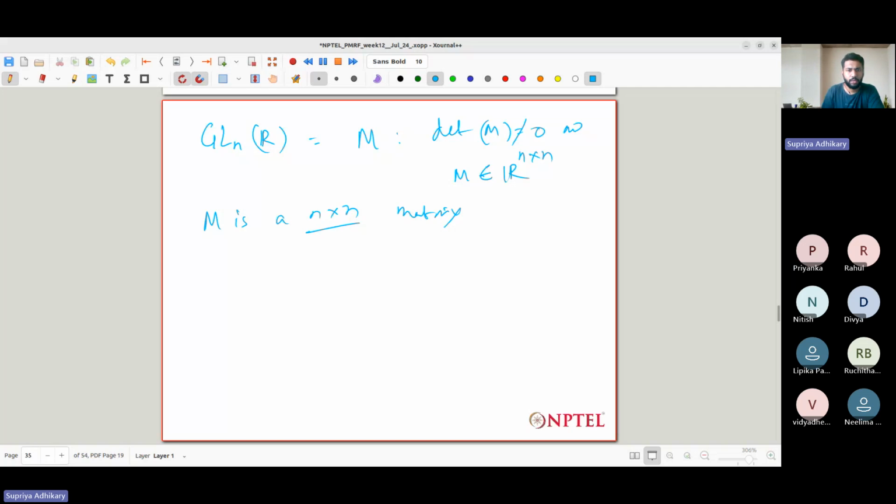R n cross n means that this is a matrix where each of the entries comes from R, the real numbers. So this is the set GLnR.